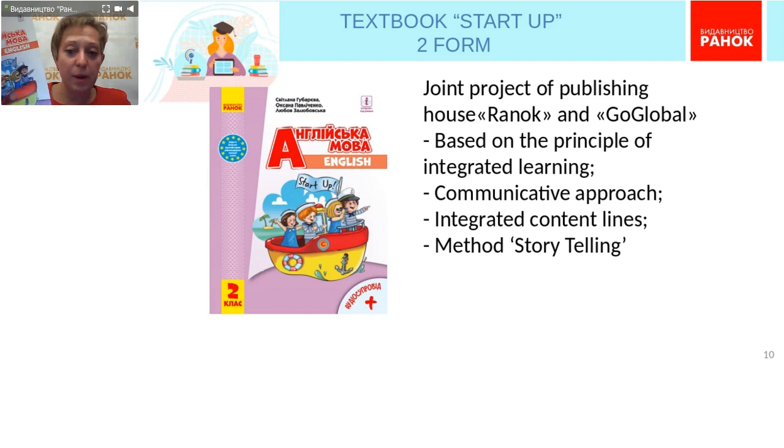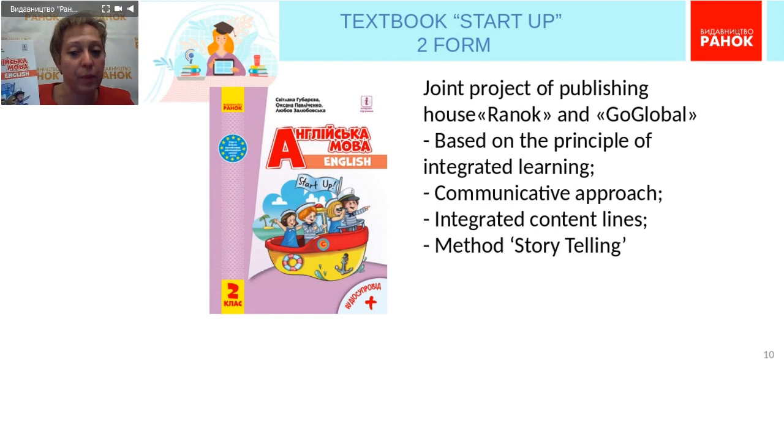Well, it has been published. I'm proud to tell that this book is a joint project of publishing house Ranak and Go Global. It is based on the principle of integrated learning. It has a communicative approach and integrated content lines.